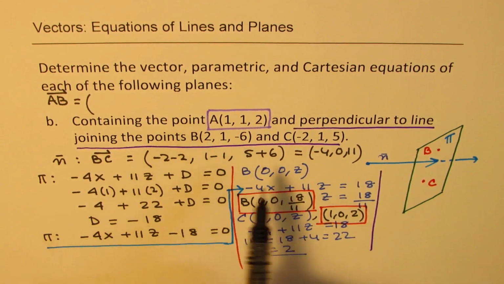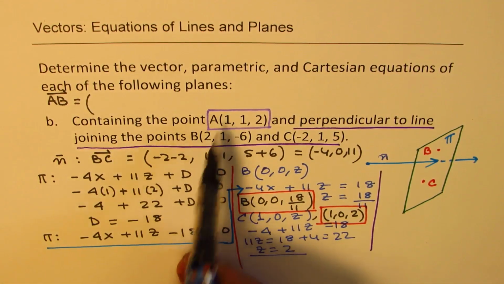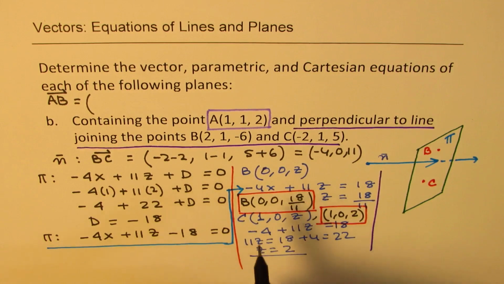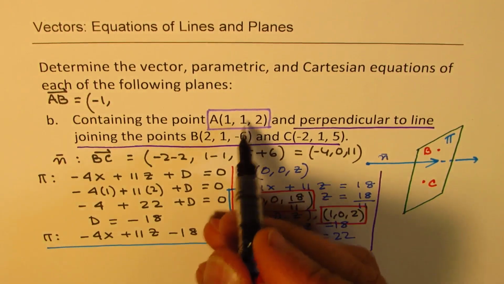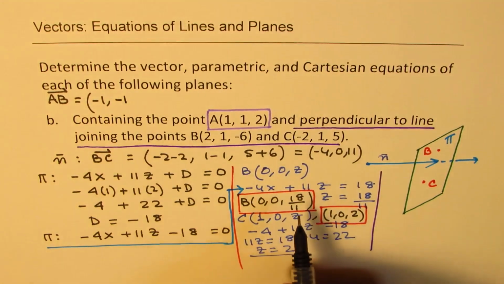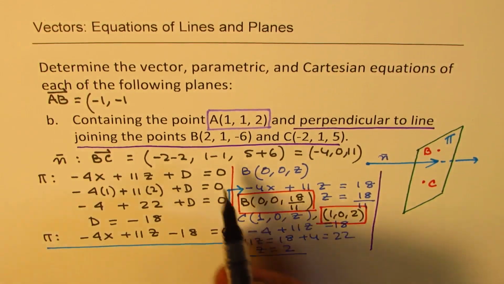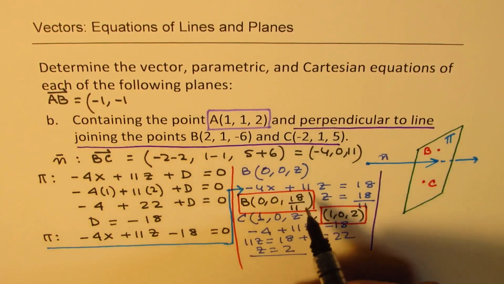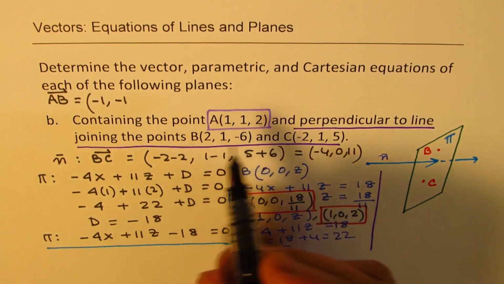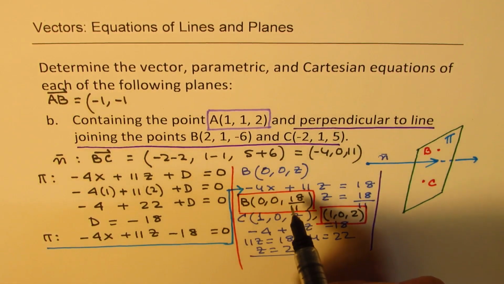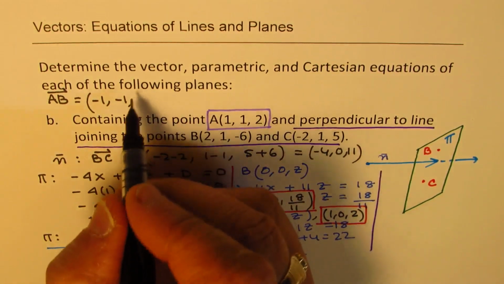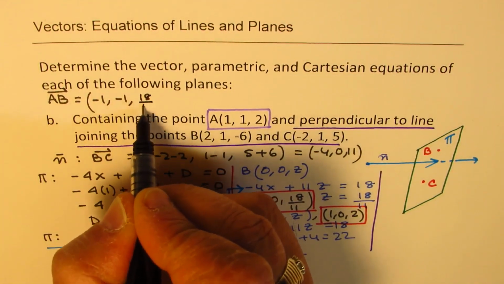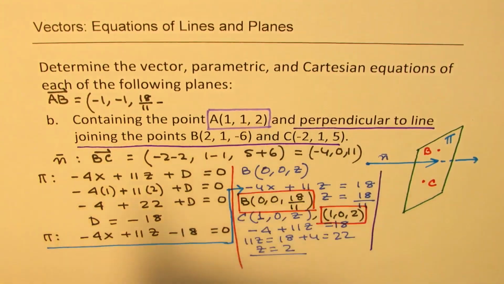So A to B will mean 0 minus this, so 0 minus this will be minus 1. 0 minus this means minus 1 again. And we do 18 over 11 minus 2.